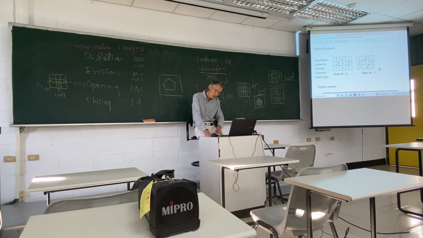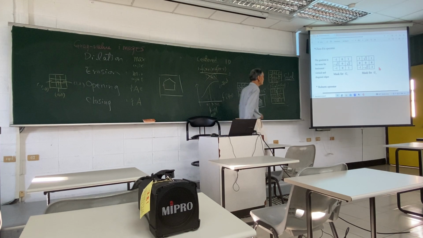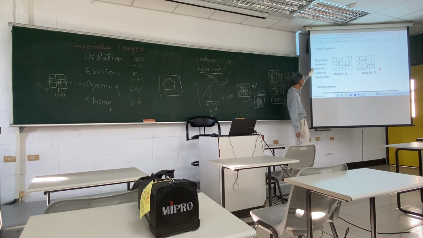Again, that is the author's name. In the early days, the diagonal value is square root 2, which corresponds to the true Euclidean distance. So in this case, the gradient will be the same for horizontal, vertical, and diagonal if you go for the square root 2.